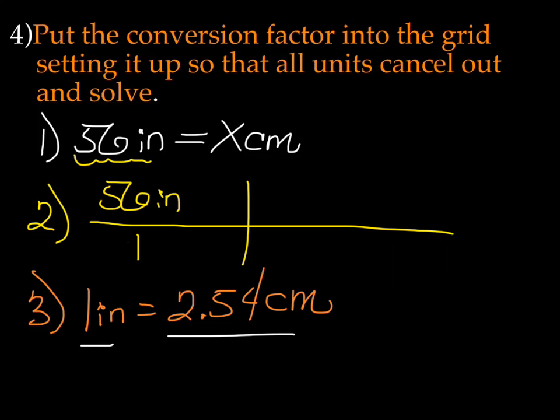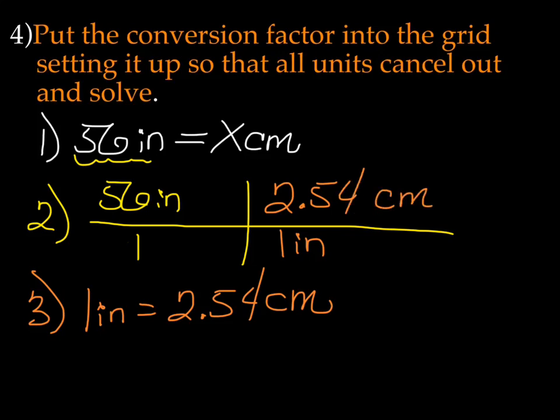And we pick which one should go where based on the ability to cross out the units. So if you remember, you can cross out top to bottom. So since we have inches in the top here, I'm going to put inches at the bottom. So I'm going to have 1 inch at the bottom and 2.54 centimeters on the top. Okay? Now the inches cross out and we're left with the unit centimeters, which is what we wanted.